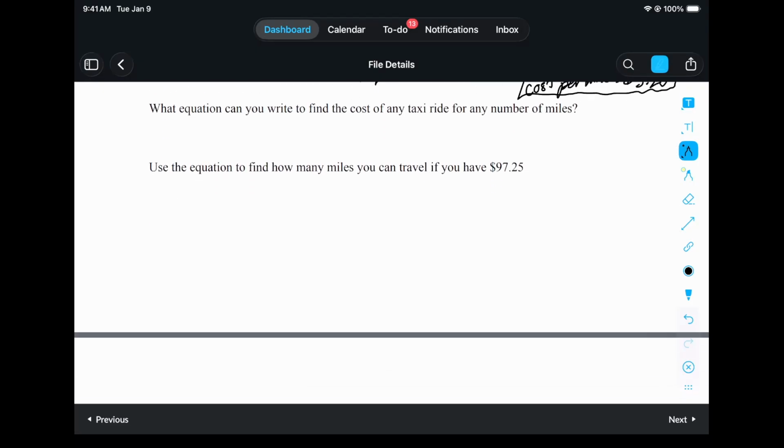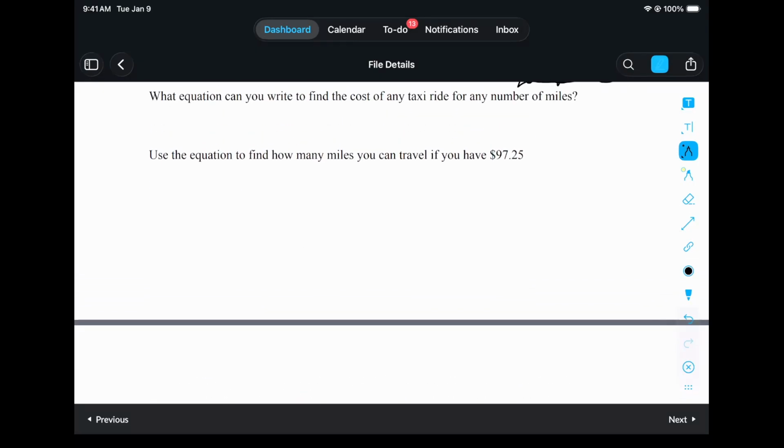The initial taxi fee is going to be our y-intercept, right? Because we remember slope-intercept form, y equals mx plus b. So we have x and we have y and we have b. m is your slope, x is your input, y is your output, and b, your constant here, that's your y-intercept.